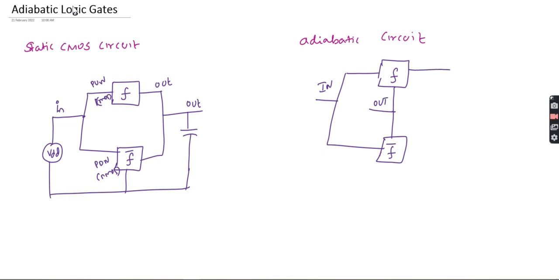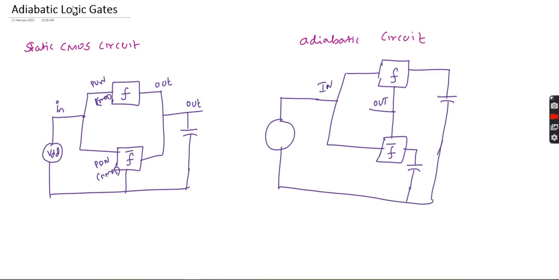Here we will have the capacitance, and here also we will have the capacitance. Then this input we connect to the source, but here the source is not a fixed source.